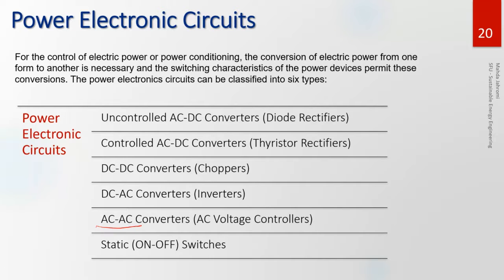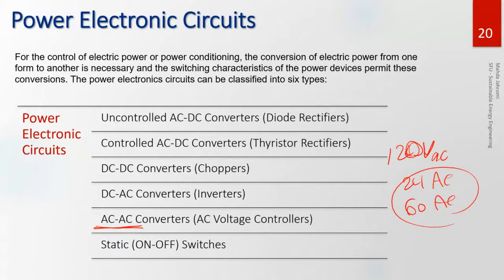And then we have AC-AC converters. So these are something that we call AC voltage control. The triac that I told you is an example of an AC converter. So you give it, for example, a 120 volt AC input, and then that converter can give you 24 AC or 60 AC or something like that.